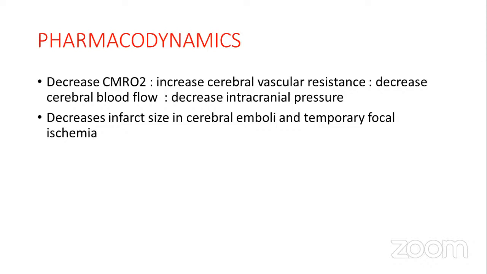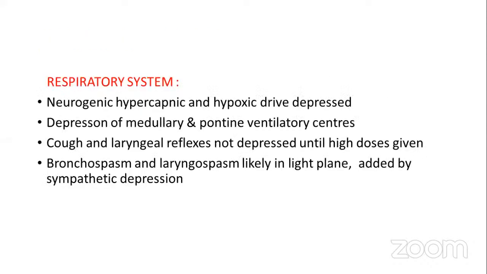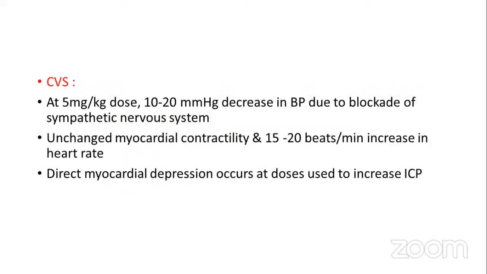It decreases infarct size in cerebral embolism and temporary focal ischemia. Its effect on the respiratory system is that it depresses hypercapnic and hypoxic drive. Depression of medullary and pontine ventilatory centers is seen, and the respiratory reflexes are not depressed until a high dose is given. Bronchospasm and laryngospasm are likely in a light plane, aided by sympathetic depression.